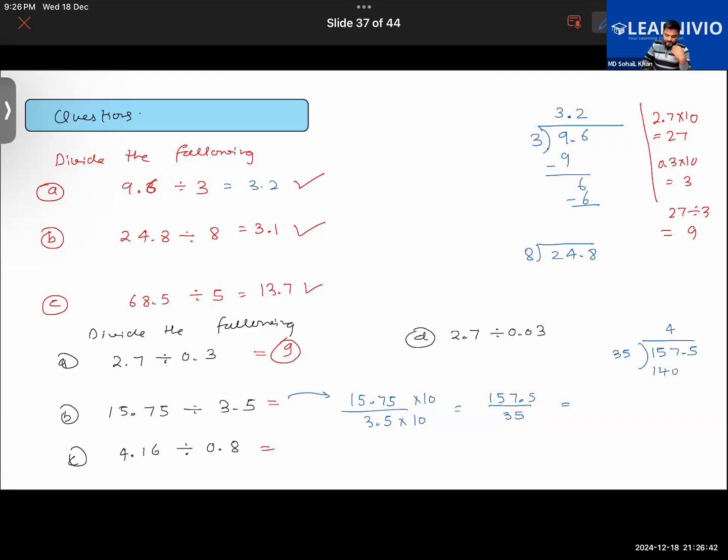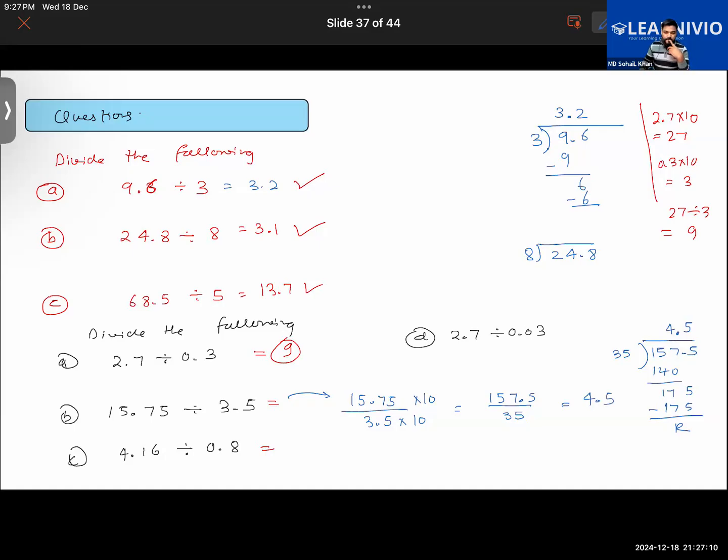Then it is 17 over here, right? Okay. So we bring down this 5 over here. Then it will be 35. Exactly. So the remainder is 0 here. So we put the decimal point right over here. 4.5 is the right answer to this question B.